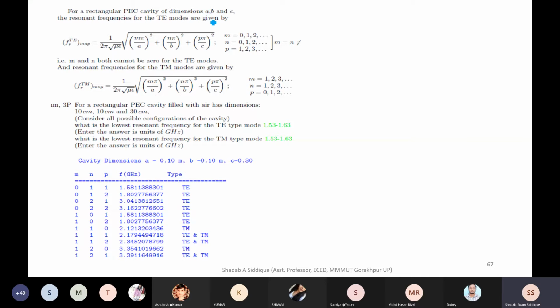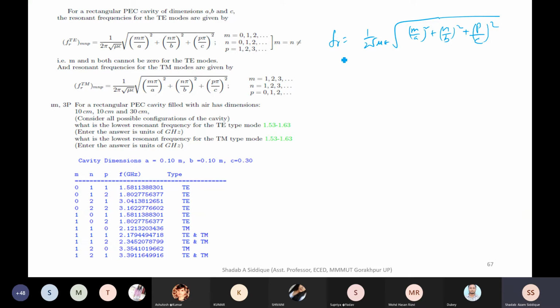The resonant frequency FR for the TE mode, already we know the formula: 1 by 2 root under mu epsilon, and m by a whole square, n by b whole square, plus p by d, which we had taken. Here it is given as c, so you can take p by c whole square.